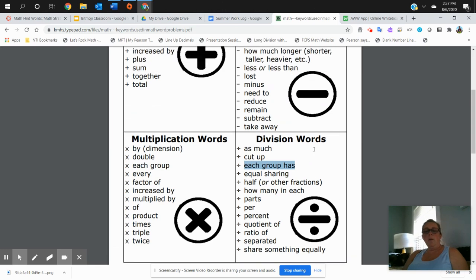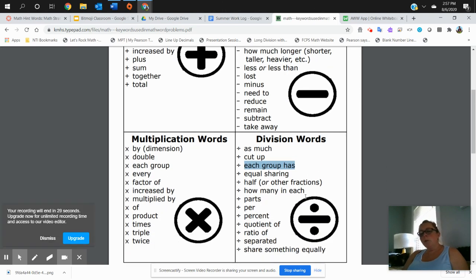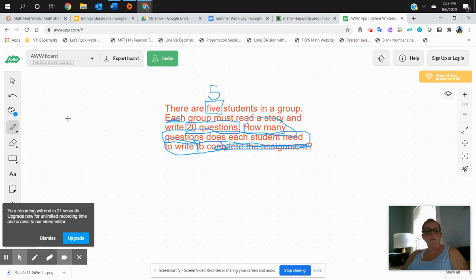That tells me that the operation we're going to use is division. So I'm going to go back to my question, and so I don't forget, I'll write division up here. And I'm going to think in my head, what does division mean? Remember that division is when we take a big group and we divide it into a smaller group.